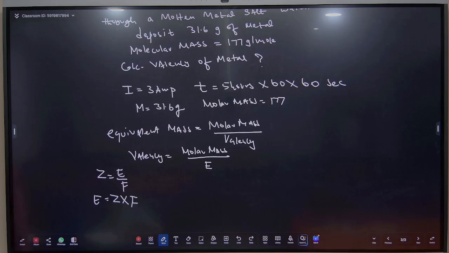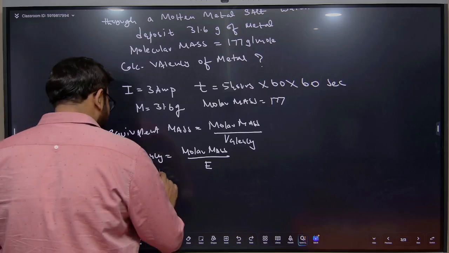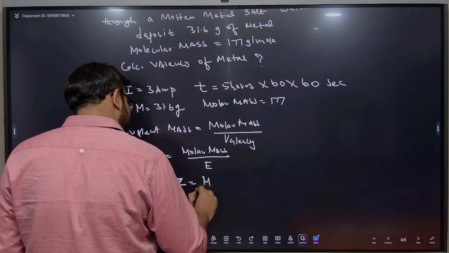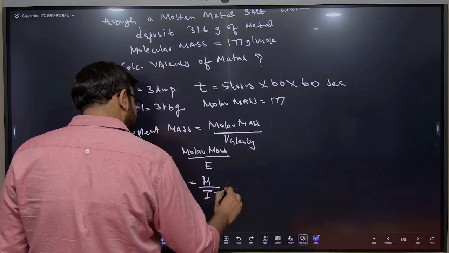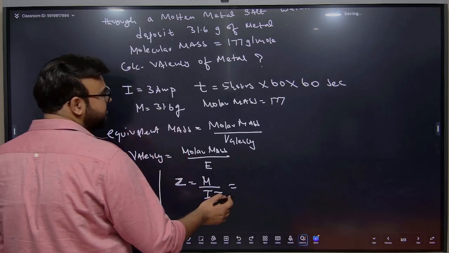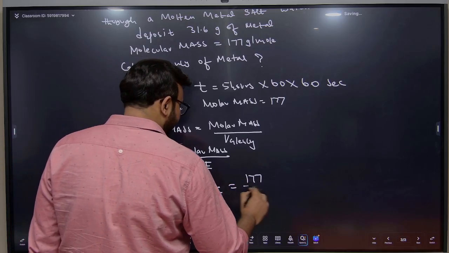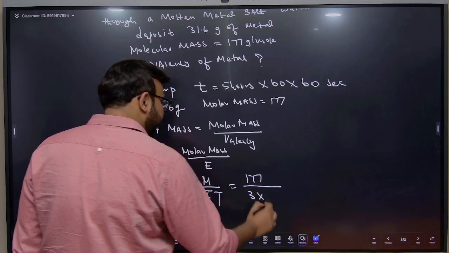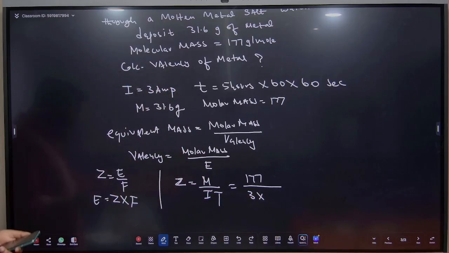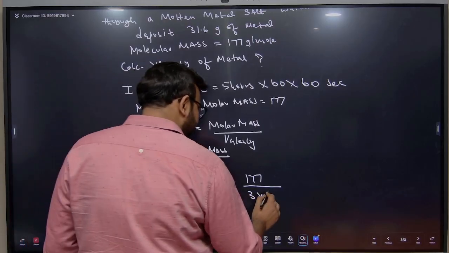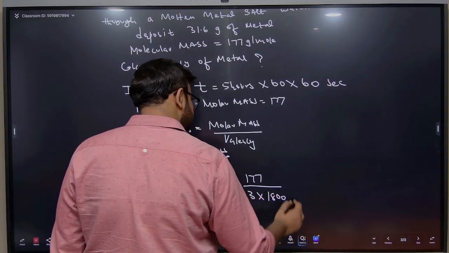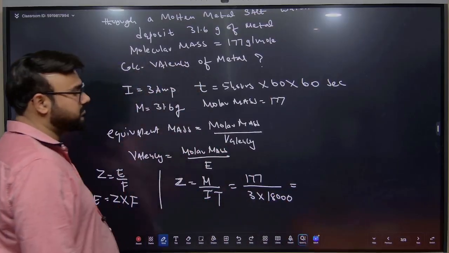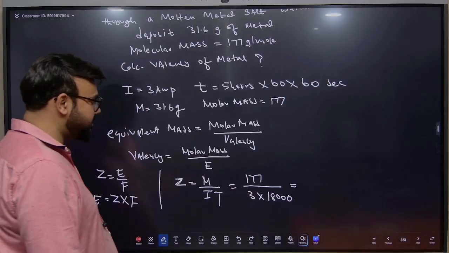M is equal to ZIT, right? So Z is equal to M by IT, yes or no? So M is how much? 177. T is how much? 3 into how much? Seconds. 18,000. Okay. So how much Z is there?